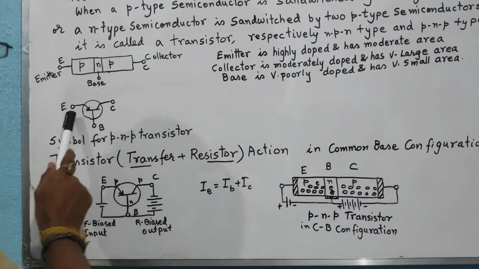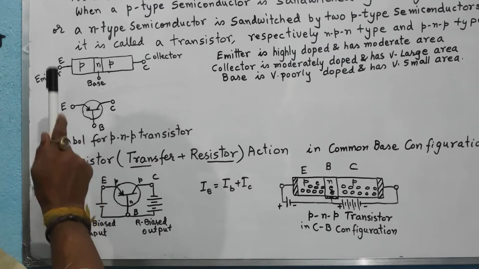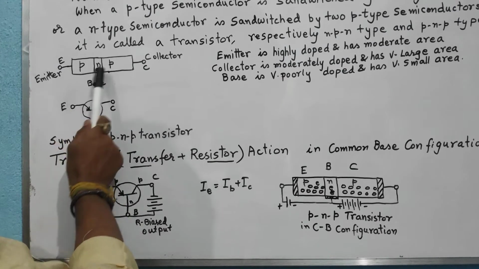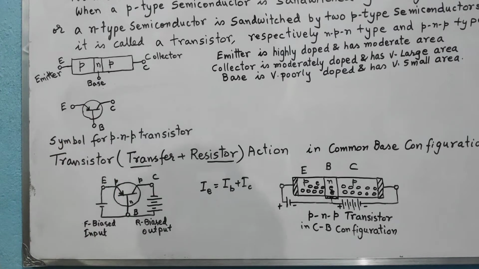So we show the arrow. This arrow shows the direction of conventional current when the input circuit, that is the emitter and base circuit, is forward biased. This is how you can remember when the arrow should be in this way. This is the case of the PNP transistor.